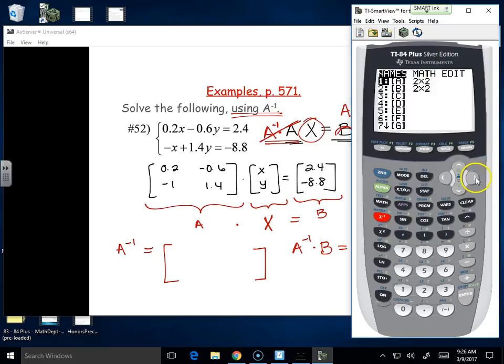The other one. What order is that matrix? 2 by 1. 2 rows, 1 column. Just making sure that we're still keeping track of the orders. And we end up with a 2.4 and a negative 8.8.